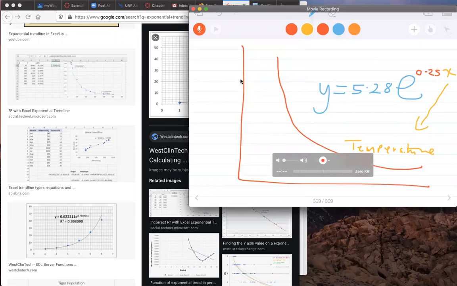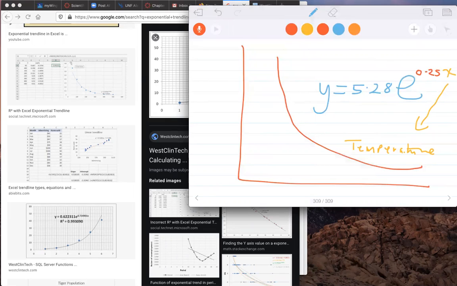Once you generate an exponential trend line, we call this an exponential trend line. It is not just a trend line; there is an E at the end. I will send a YouTube video with instructions on how to generate an exponential trend line.